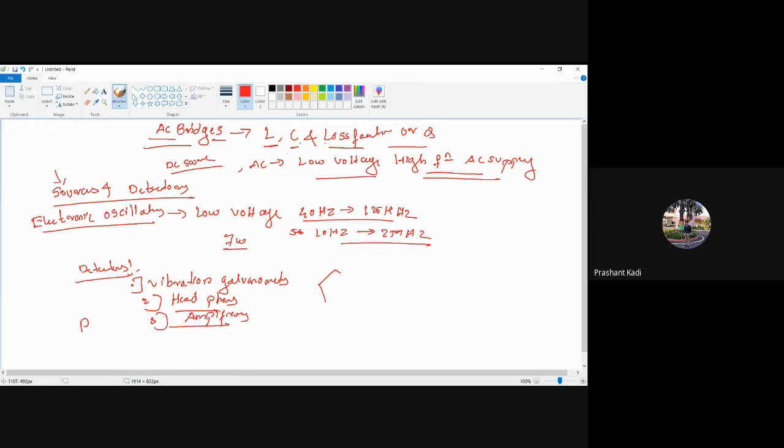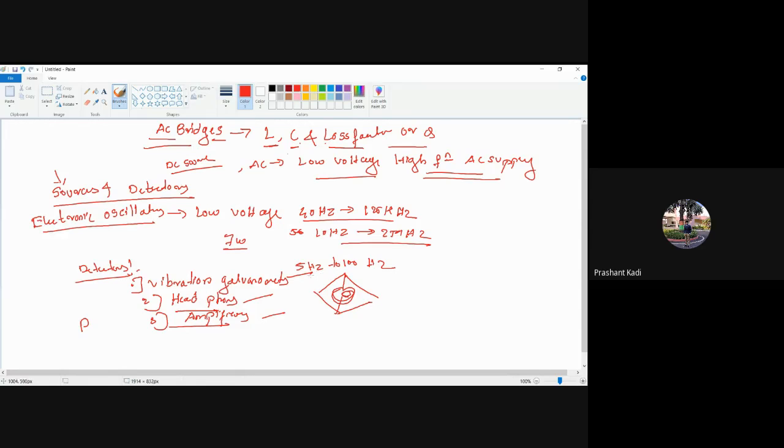These detectors are connected between the terminals here. If we have a bridge like this, the detectors will be connected at this point. It may be vibration galvanometer, headphones, or amplifiers. The vibration galvanometers are used for low power applications, and the frequency range is from 5 Hz to 100 Hz.